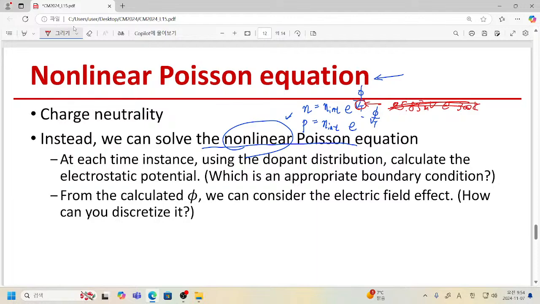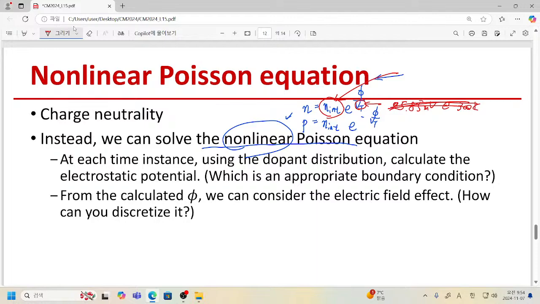However, you still need an additional number, the intrinsic carrier density. And you know that intrinsic carrier density changes quite steeply when you change the temperature. When you have a higher temperature, then you have higher intrinsic carrier density.